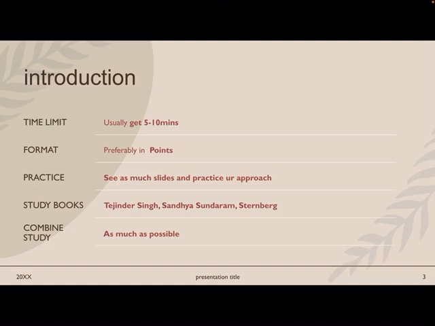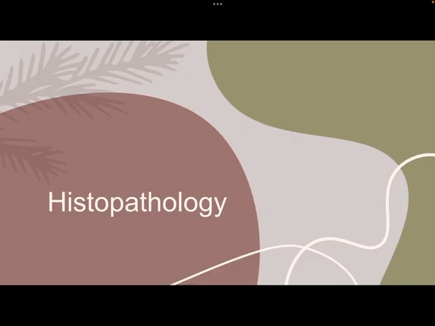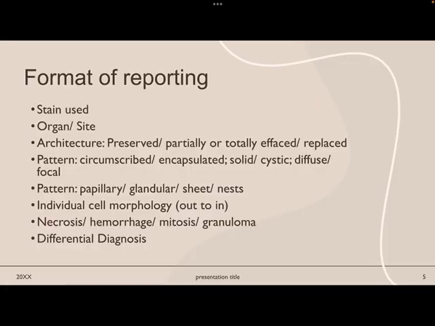So coming to the main thing, histopathology slides. My format of approach was: first, identify which stain is used. Obviously in histopathology mostly it will be HNE slides, and rarely you can get IHC slides.